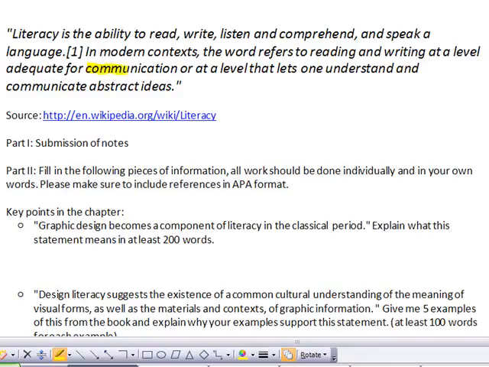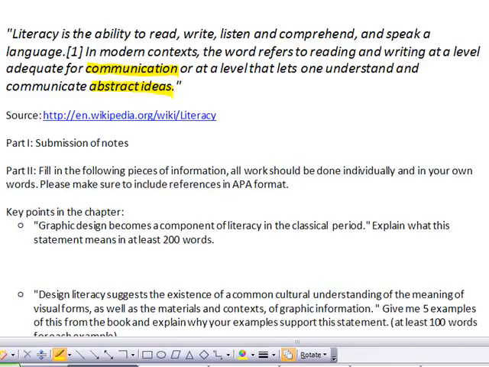Communication is a key word when you're talking about literacy. It also talks about a level that lets one understand and communicate abstract ideas. So what are abstract ideas? Abstract ideas, communication, and literacy are all key components to the classic literacy chapter.